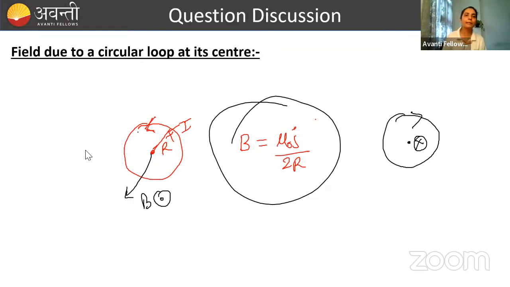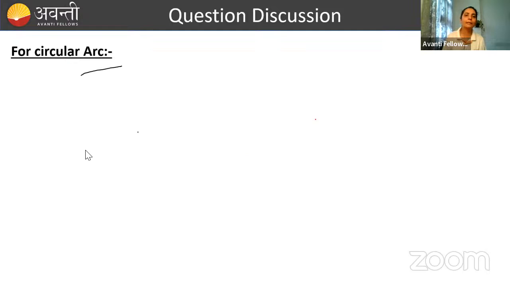Now for a circular arc, suppose the question says there is an arc, not the whole circle, and this arc is making an angle of theta at the center, and you are asked to find the value of magnetic field because of current I flowing in the arc at the center. Let its radius be R. So how will we calculate the magnetic field?